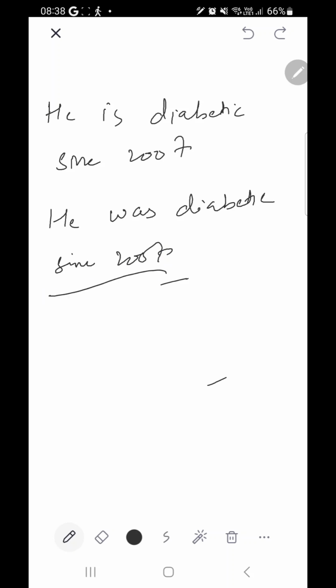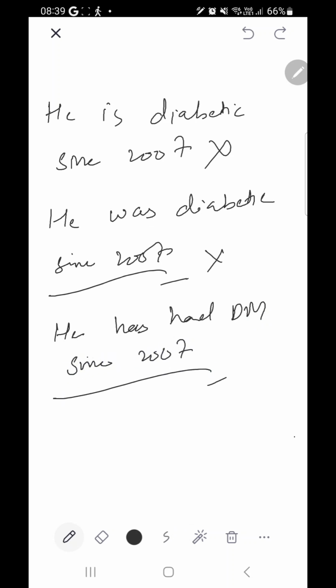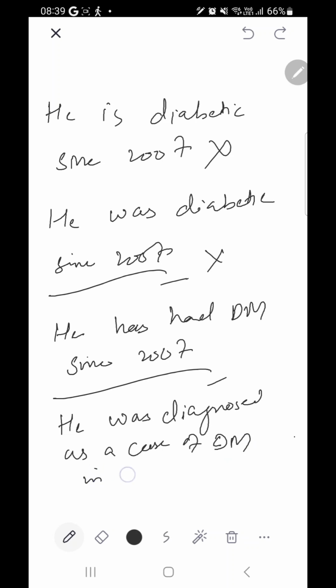In both of the cases, these are the wrong sentences. We can write down he has had, let's say, diabetes mellitus since 2007. And if you want to write in a different way, you can write down he was diagnosed as a case of diabetes mellitus in 2007. So these are two examples for your better understanding, right?